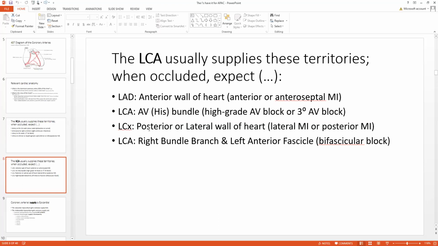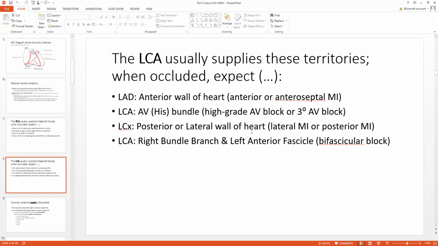Okay, so how about if you've got high-grade AV block, which is just about third-degree AV block altogether. Occasionally, a beat gets through the AV node to the ventricle, that's the His bundle, and that's from the left coronary artery 75% of the time. So if you see third degree AV block, it's usually the left coronary artery that's obstructed.